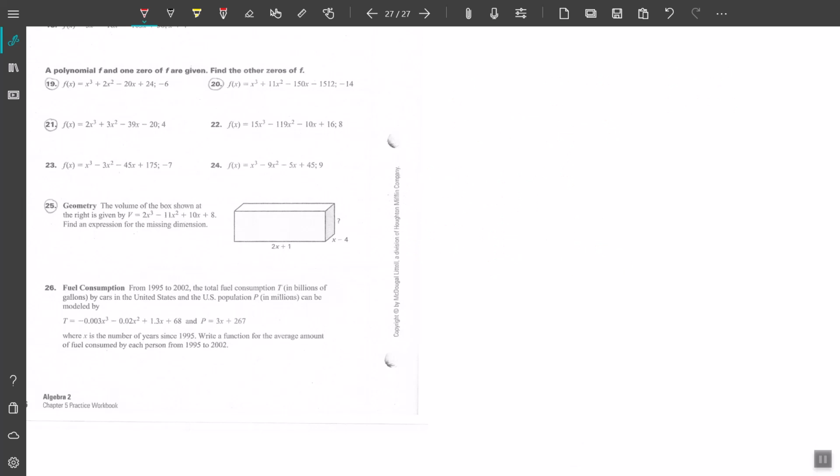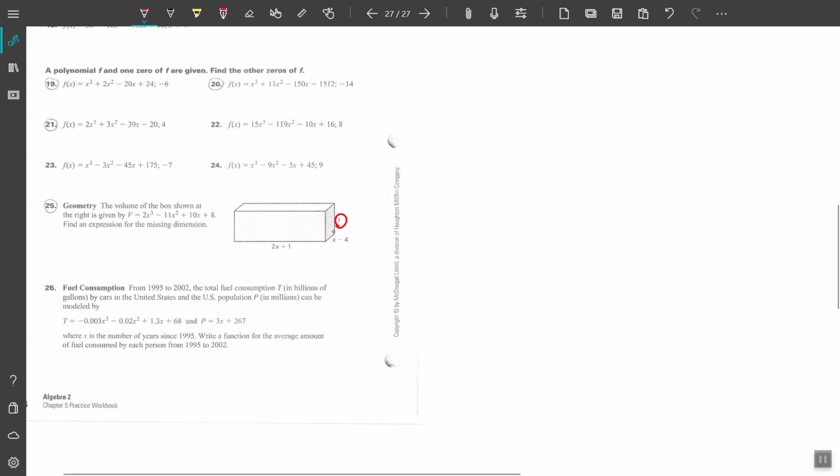Now in number 25, they have given you an expression for the volume of that box, and they've asked you to find the missing dimension, which happens to be the height in this problem. So really all volume is a product of 3 factors. This 2x plus 1 times the x minus 4 times whatever this height is.